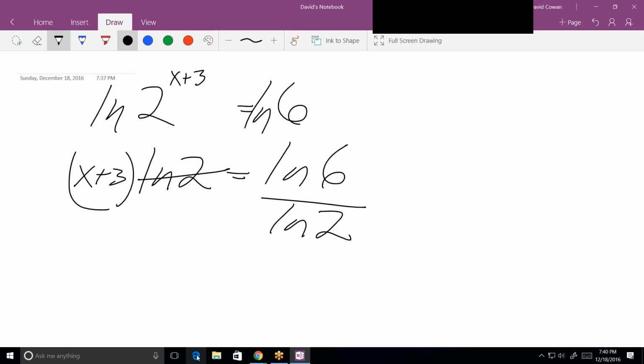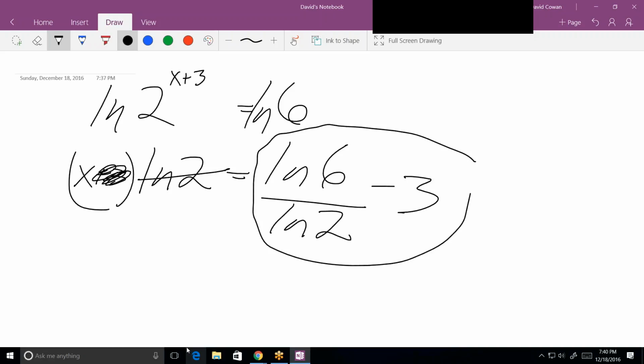Gets rid of that number. And then I can subtract 3. So that gets rid of that number. So x is equal to that. And that's your answer. In other words, you don't need a calculator for your answer. You can give this as your answer. That's actually the best answer. Right. If you wanted a decimal approximation of this, you'd need a calculator.